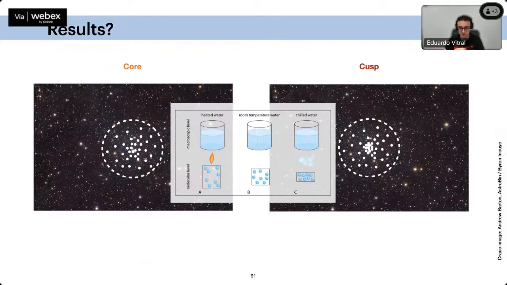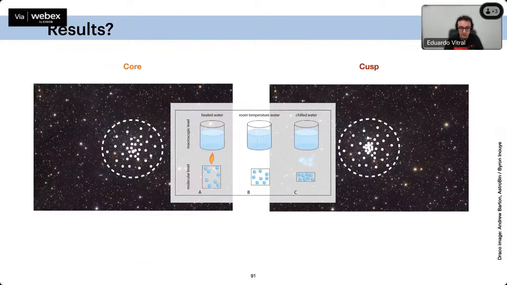On the other side, if you have a very cold glass of water, almost freezing but not there yet, then at the molecular level the water particles are going to be very tied together, grouped together. These cold and hot analogies can tell us what to expect about dark matter.